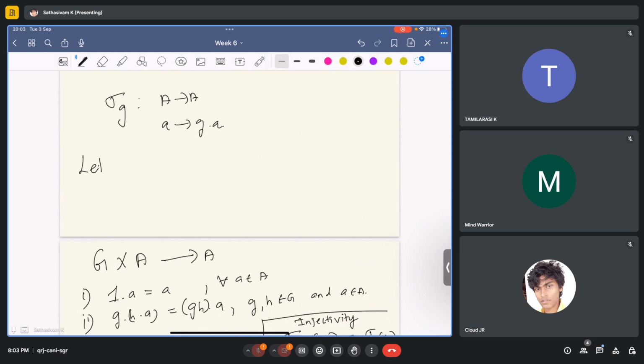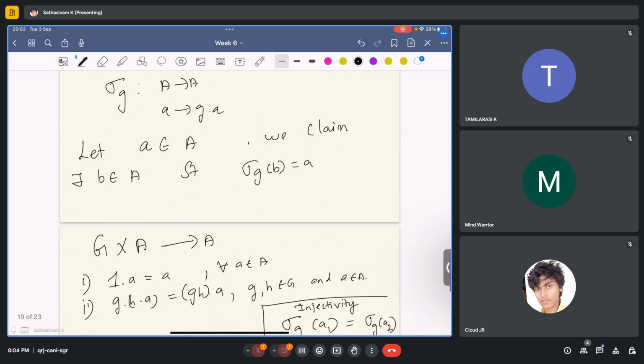So let's start with A belonging to A. We claim there exists B in A such that sigma G of B equals A. So how do you do that?